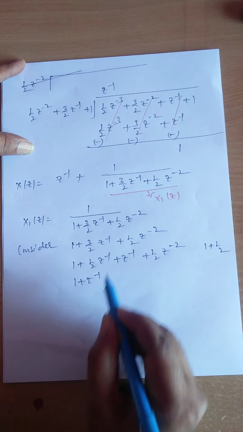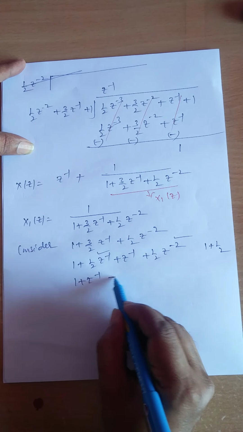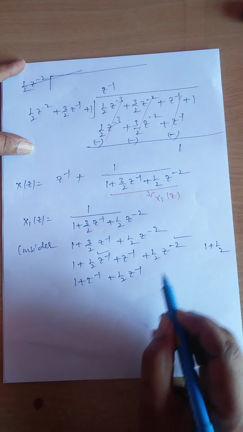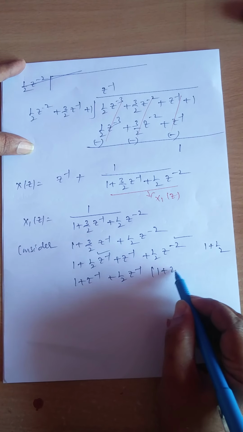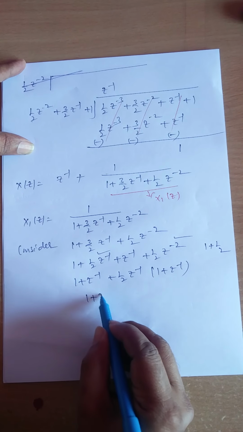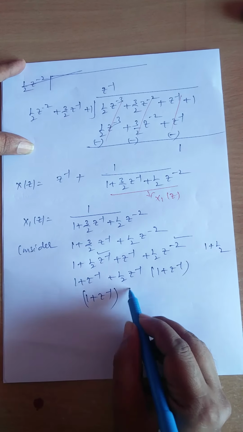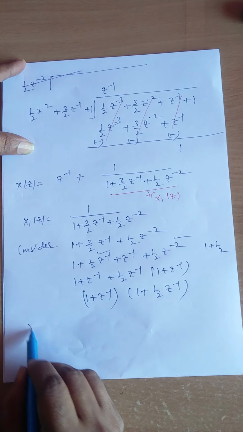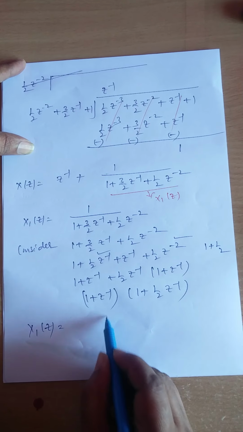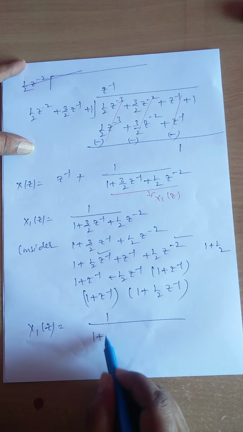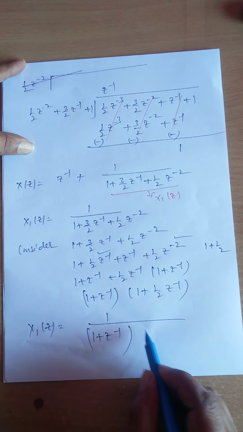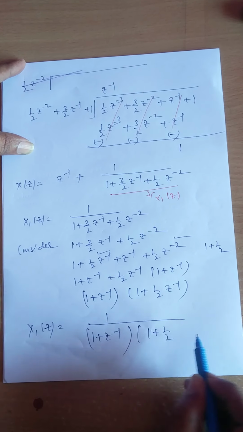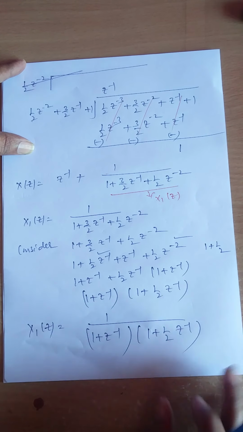In these two terms you can take 1 by 2 z inverse as common, you'll get 1 plus z inverse into 1 plus 1 by 2 z to the power of minus 1. Hence x1 of z is equal to 1 divided by 1 plus z inverse into 1 plus 1 by 2 z to the power of minus 1.